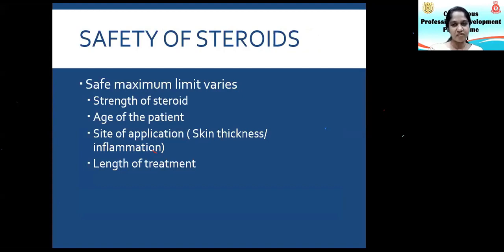And hydrocortisone is recommended for use on the face and also in children. The age of the patient is important, and also the site of inflammation, as I mentioned earlier. And when inflammation is present, there will be increased absorption. So we have to take that into account, as well as the length of the treatment.